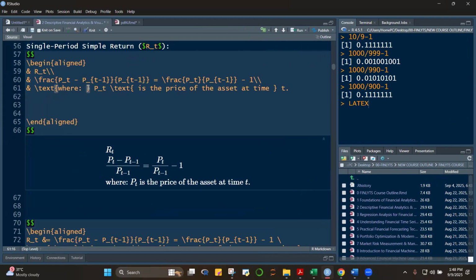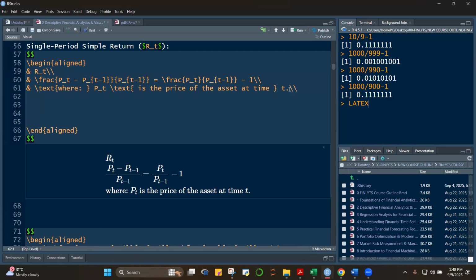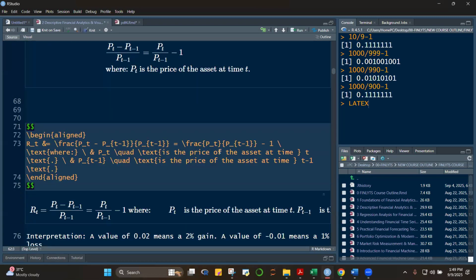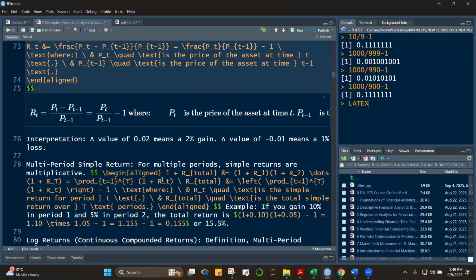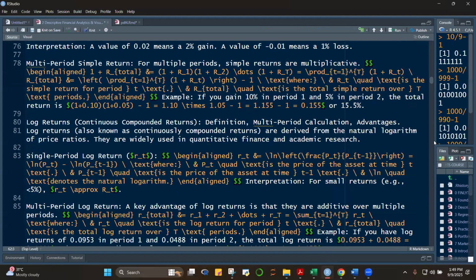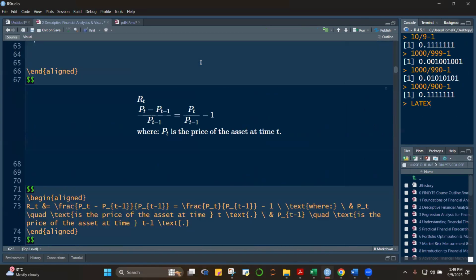Okay, so we're okay, right? We put here double slash so that we can go to the next line. Shift enter, and then put another ampersand there. And what's this? P sub T minus 1 is the price of the asset at time T minus 1. So let's write that.